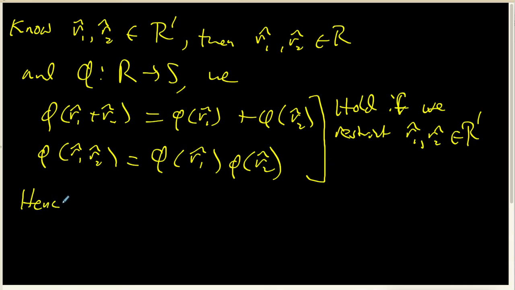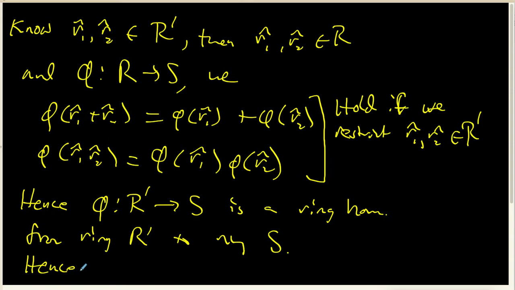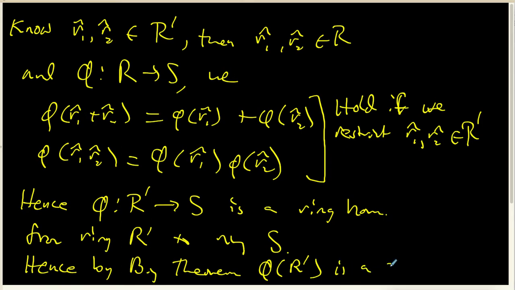And hence, we do know that phi, taken as a restricted function from R prime to S, is a ring homomorphism from the ring R prime to the ring S. And hence, by our big theorem that we reviewed at the beginning of the video, phi of R prime is a subring of ring S.